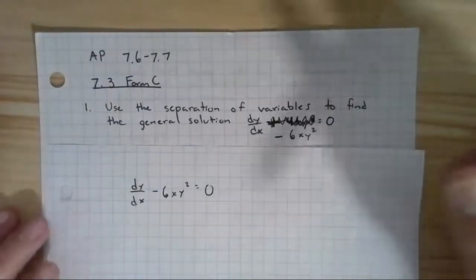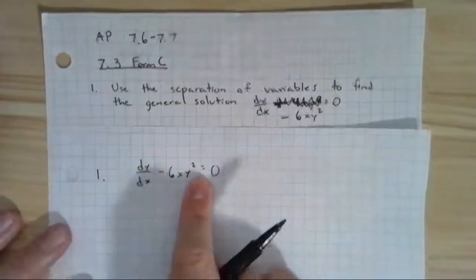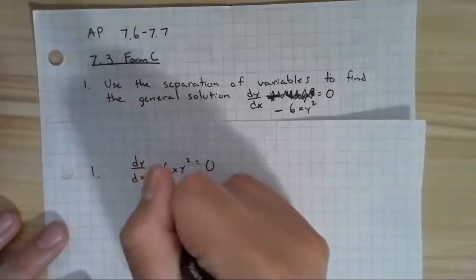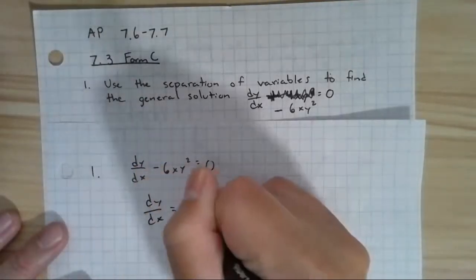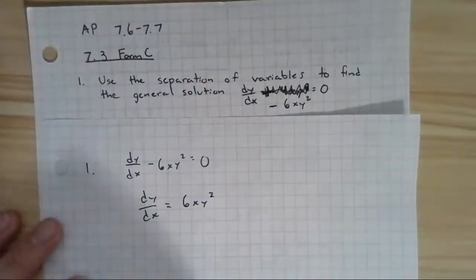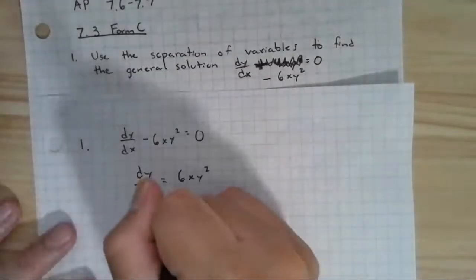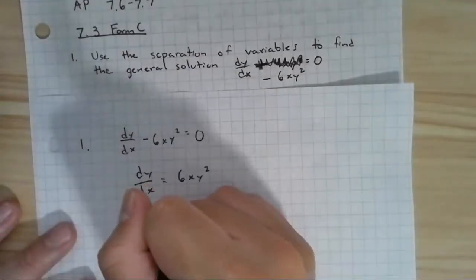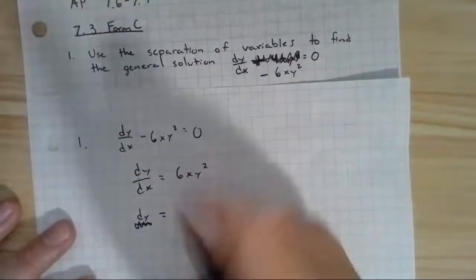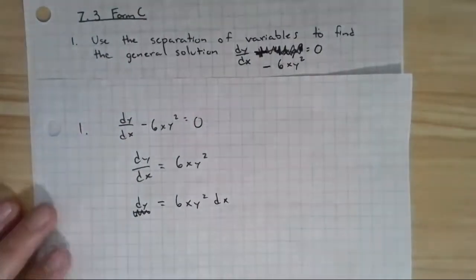Okay, so then here I'm going to add the 6xy squared to both sides. Okay, so I get positive 6xy squared on the right side. Then I multiply both sides by dx. Oops. So if I multiply both sides by dx, I'm going to get 6xy squared dx.